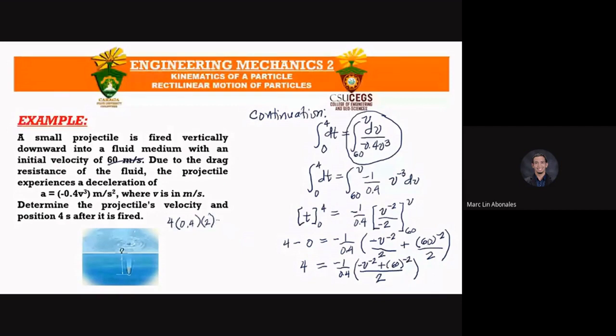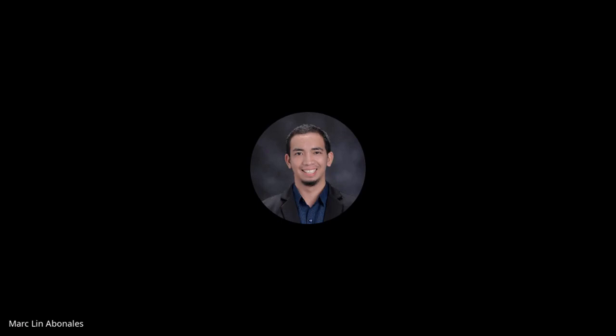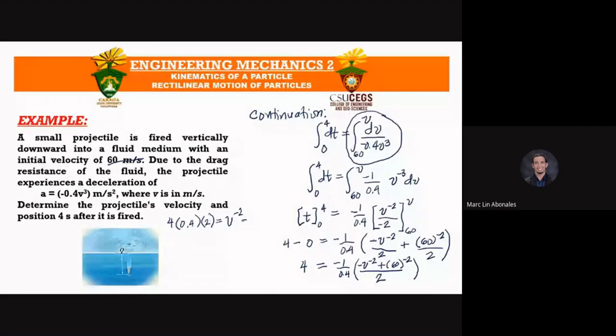So that would be v negative 2 minus, it is minus because of the negative in the negative 1. So when you multiply 60 raised to the power of negative 2, it becomes negative again. So what would be the value of 60 raised to negative 2?